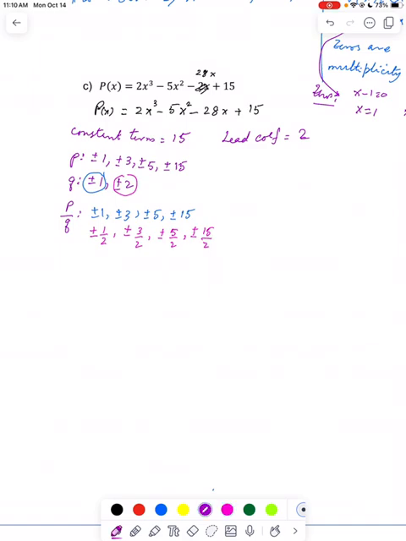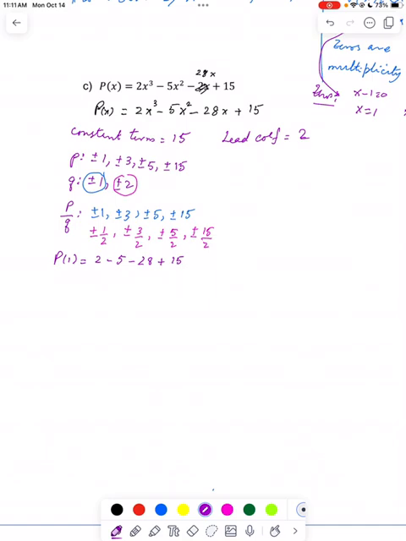So we start by the first value, which is 1. So I find p of 1. So I'll get 2 times 1 minus 5. 1 is pretty easy to check. So now you may go ahead and do the calculation, but basically we are looking for a 0.